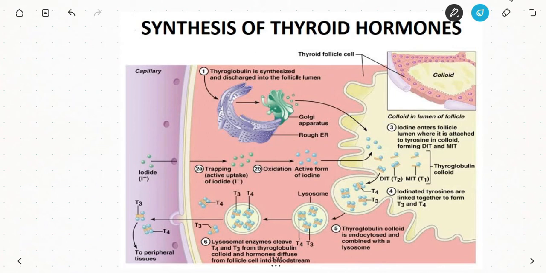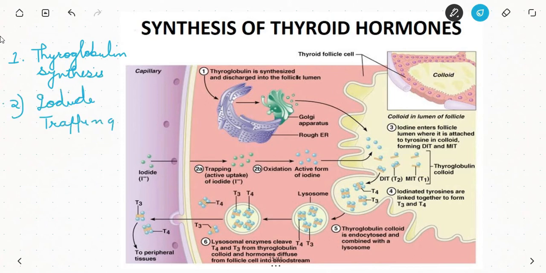So what are the stages of synthesis of thyroid hormone? The stages of synthesis of thyroid hormone are: number one, thyroglobulin synthesis. Second is iodide trapping.